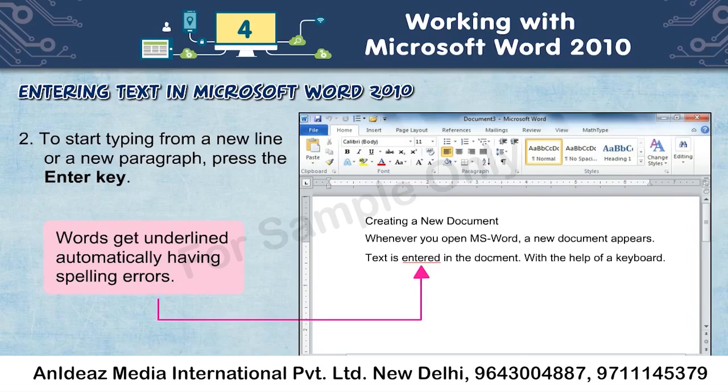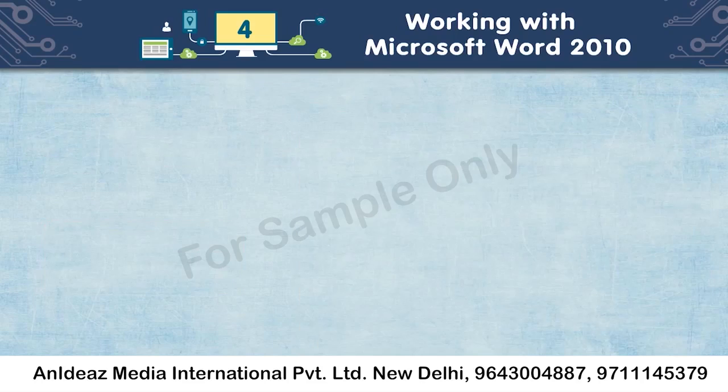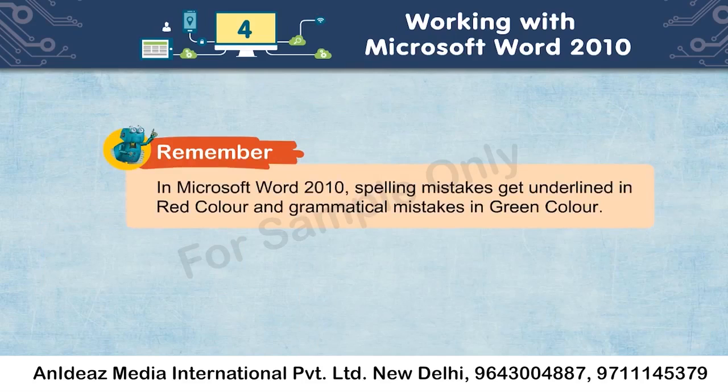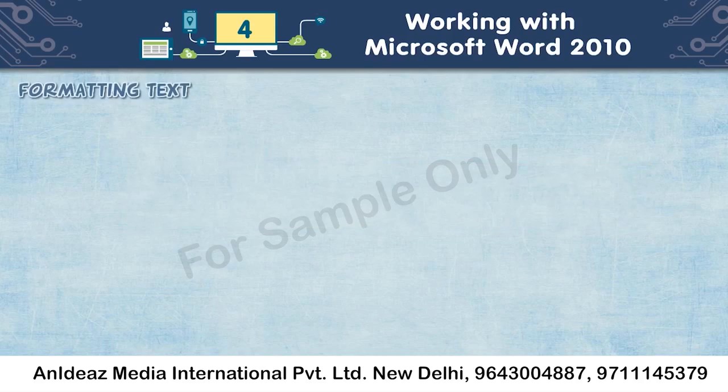Words having spelling errors get underlined automatically. Remember, in Microsoft Word 2010, spelling mistakes get underlined in red color and grammatical mistakes in green color.